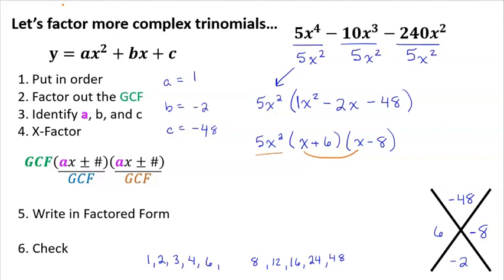And then if we multiply it by this front number, we're going to get 5x to the 4th, which is what we started with in the front. If you multiply the 6 and the negative 8, you get negative 48 times that front GCF again, and we get that negative 240x squared. So there's a quick way of checking it without doing everything. And this would be our answer.